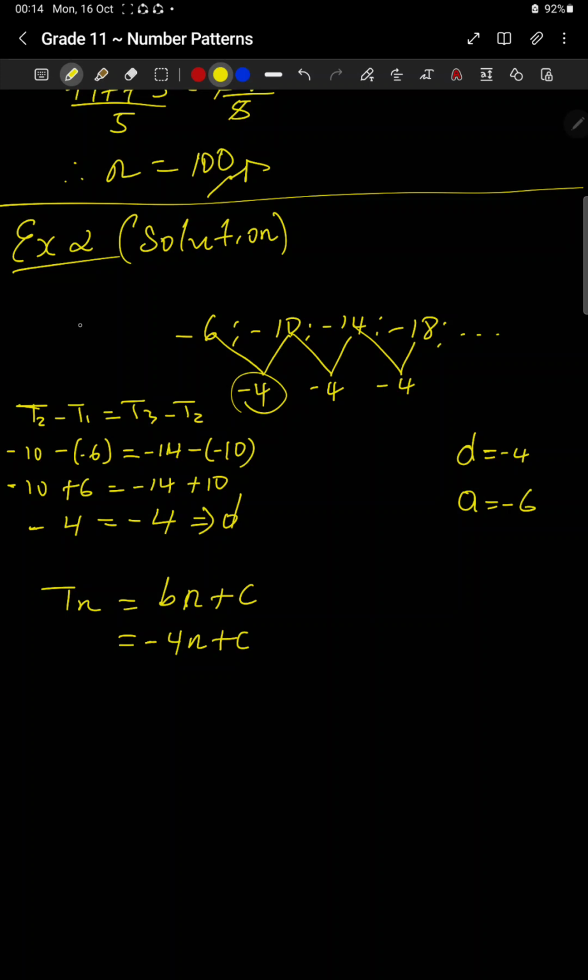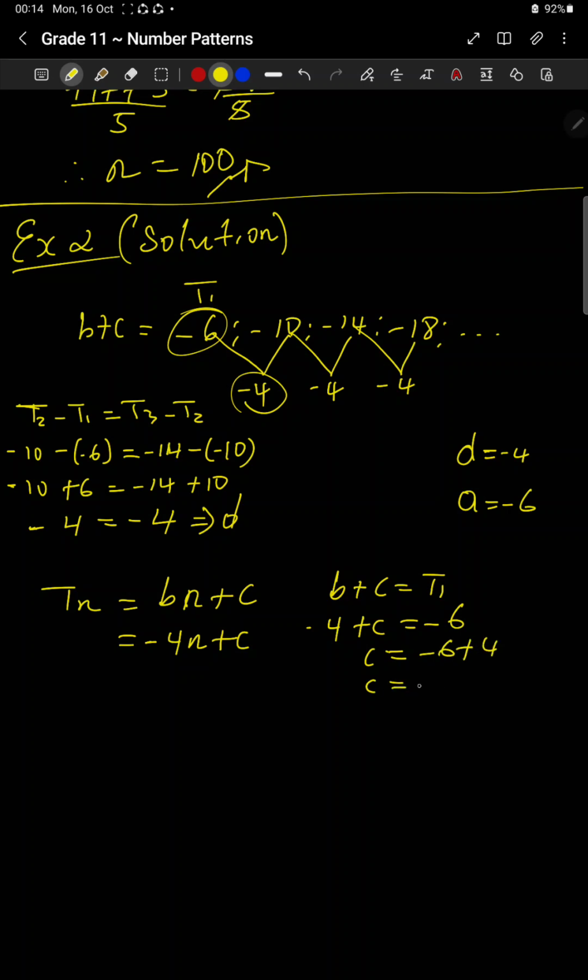To get c, just say b plus c is equal to the first term. So b is negative 4, plus c is equal to negative 6. Then we just collect like terms, plus 4, and the answer must be negative 2.